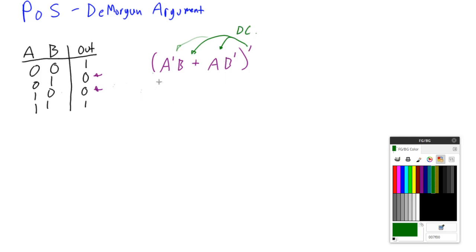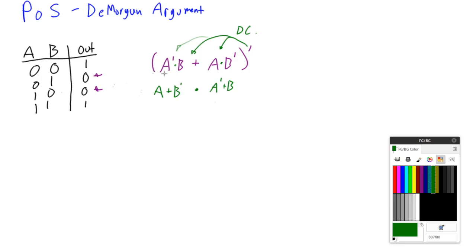So what that gives us: we've got A, so it's primed here, so that means we're not going to prime it. B prime, and remember we've got ANDs here. ANDs change to ORs, so there's our OR. And ORs change to ANDs. And we've got A not or B. We also have to be careful and maintain our precedence order.